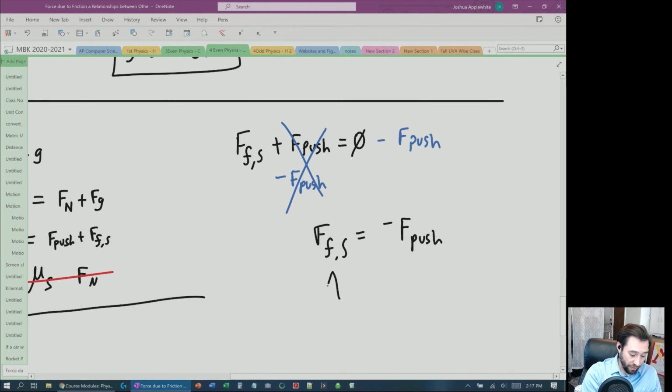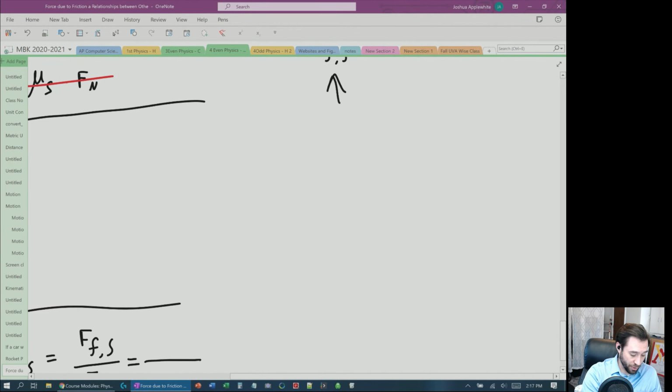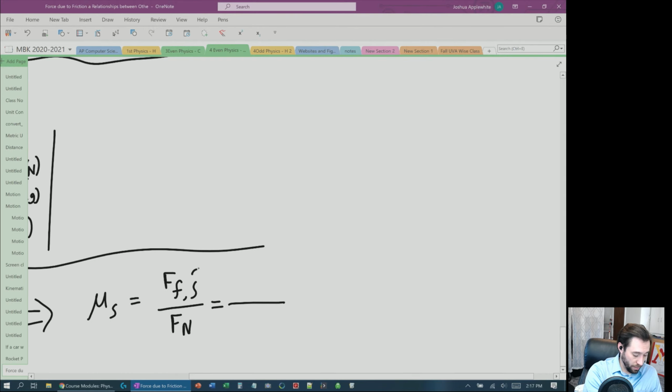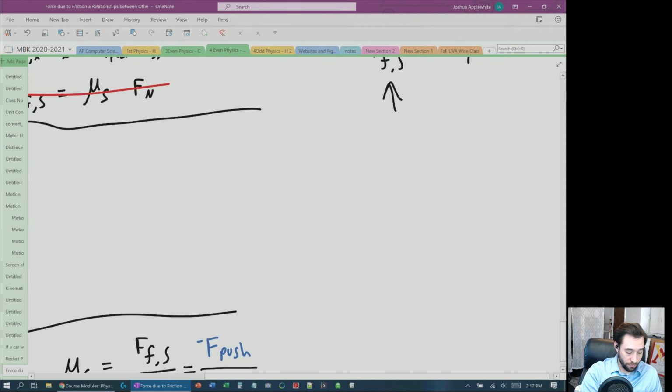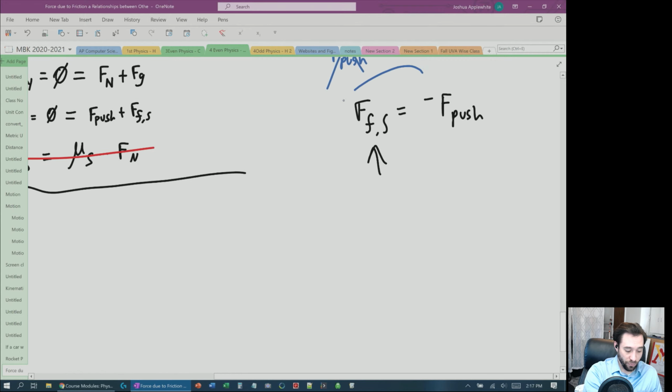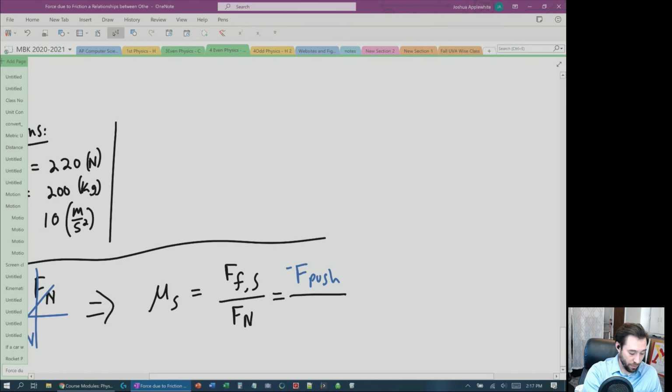So instead of having force due to static friction right here, we're going to swap that out for force push, but just the negative of force push from here. So all I did was substitute it in.